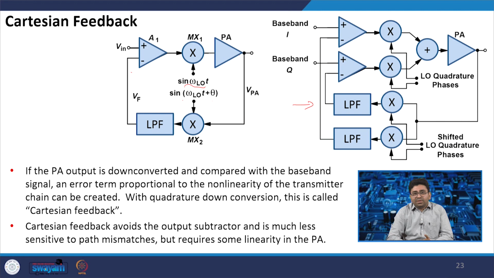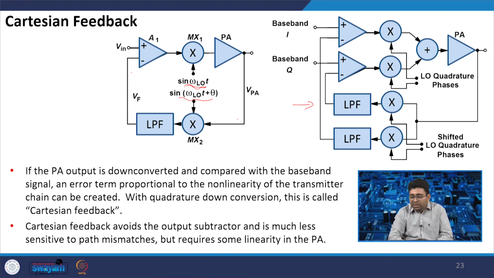Now, in this method of linearity improvement, we need to make sure that this LO signal is properly delayed, so that when we are down converting the signal, it is not experiencing the delay which is added by the power amplifier.